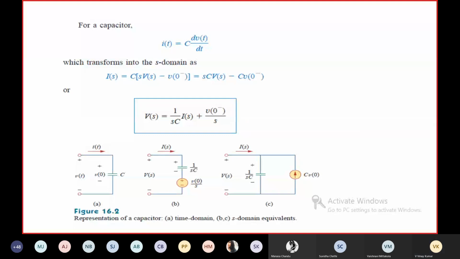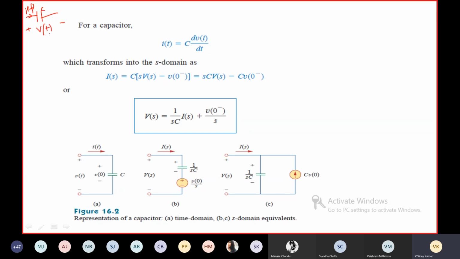Coming to the circuit model of the capacitor. Capacitor in time domain. Let V of t be the voltage across the capacitor and I of t the current flowing through the capacitor, with C the capacitance.